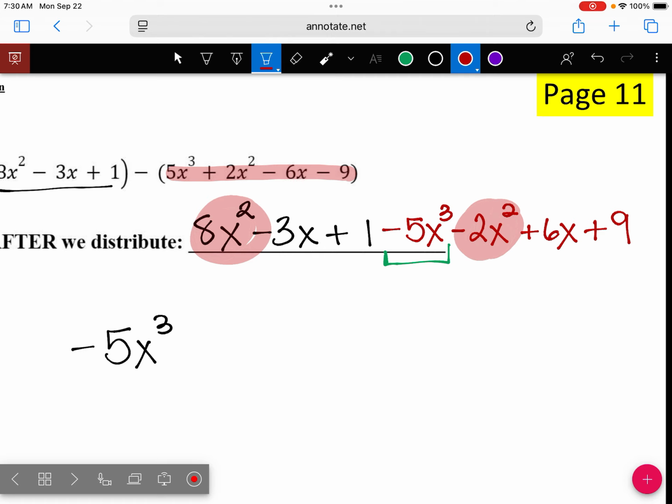We don't change the exponent. It's still x squared. So 8 minus 2 gives us what? 6. Is it positive 6 or a negative 6? So we have positive 8 minus 2. Positive 6. So we're going to put a plus 6.